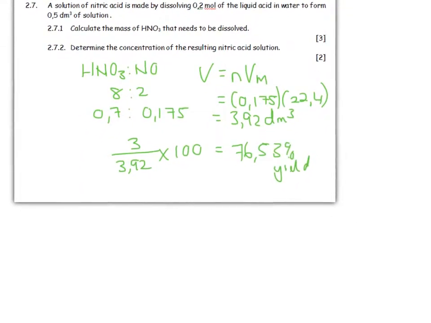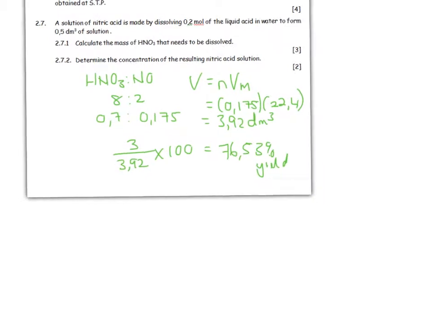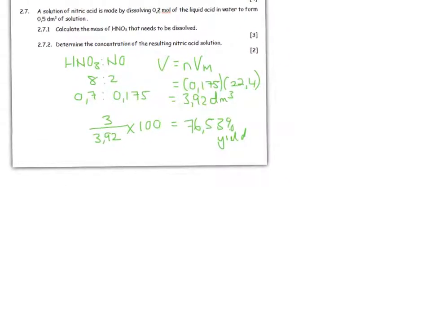A solution of nitric acid is made by dissolving 0,2 moles of the liquid acid in water to form 0,5 decimeters cubed of solution. Calculate the mass of nitric acid that would need to be dissolved. So mass is equal to number of moles times molar mass.